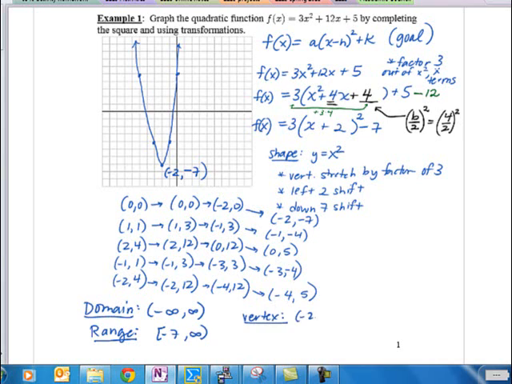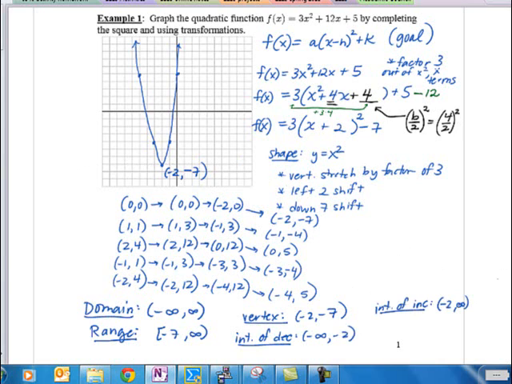We have an interval of decrease from negative infinity to negative 2. We have an interval of increase from x equals -2 to infinity. Remember, those are x intervals. So the graph is falling to the left of -2 and rising to the right of -2.